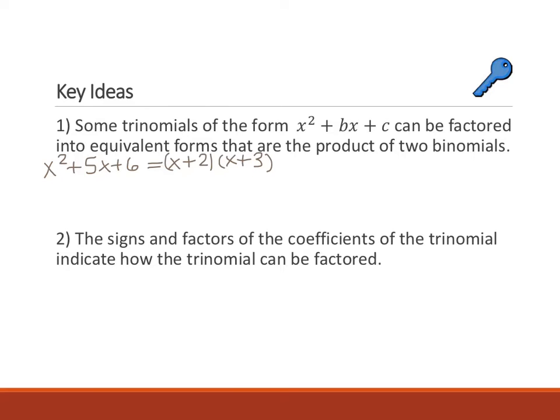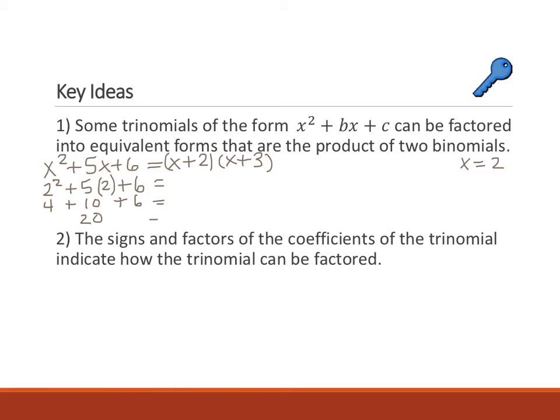Consider if I use a value such as x equals 2 and substitute that value into each of the different forms. If I substitute x equals 2 into the trinomial, then I would have 2 squared plus 5 times 2 plus 6, which is 4 plus 10 plus 6, which has a sum of 20.